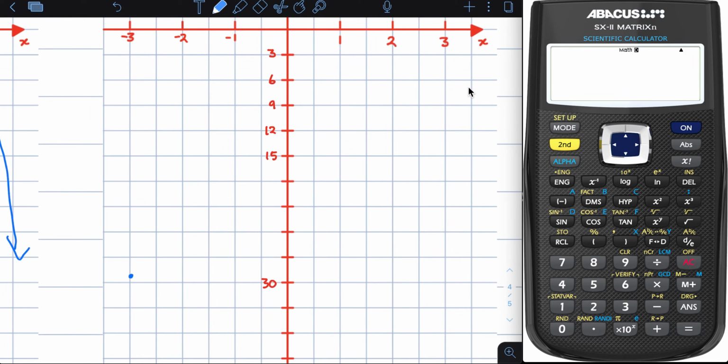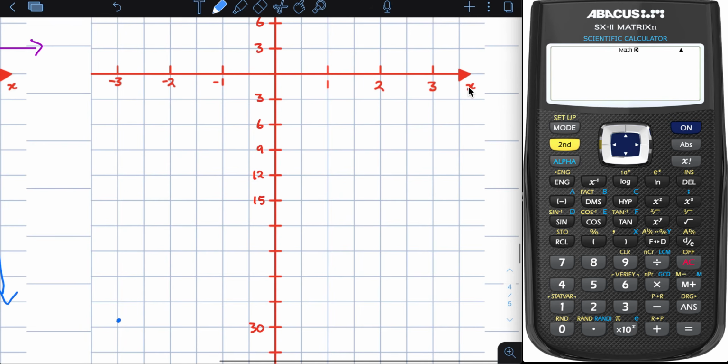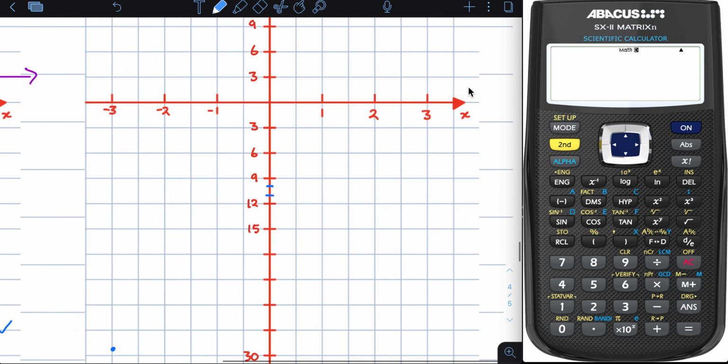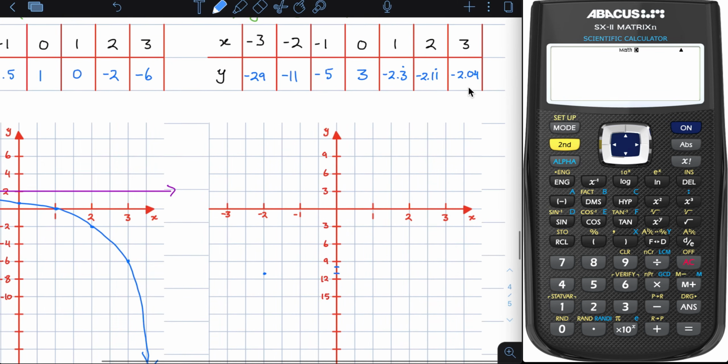Negative 2, 11, that's 10, 11 would be there, so let's graph that. These are just approximations, by the way. It's the general shape that we are looking for here.